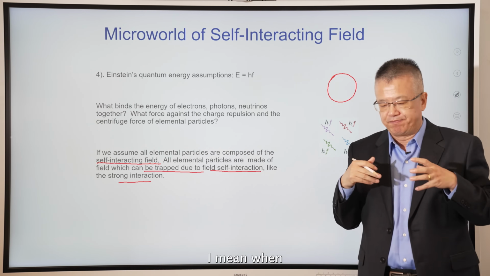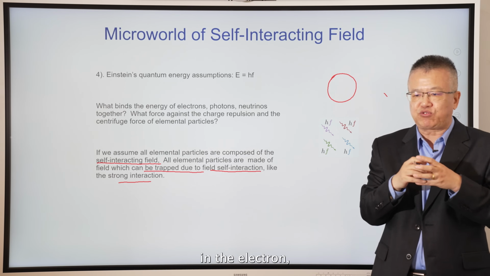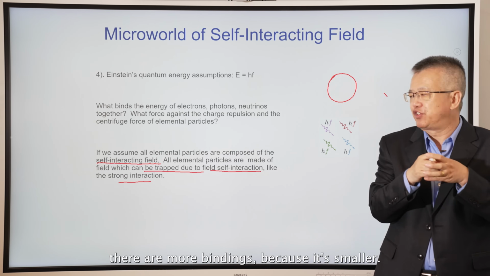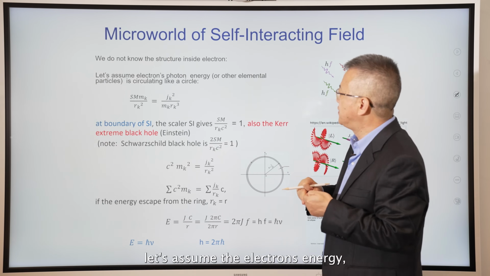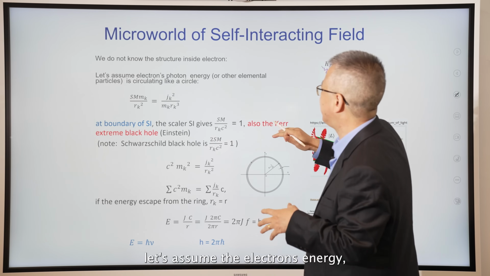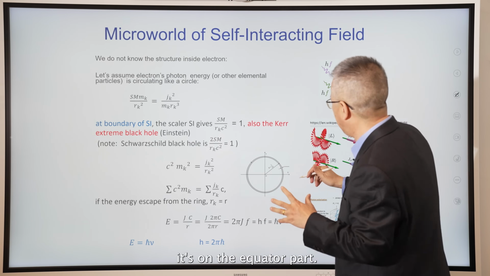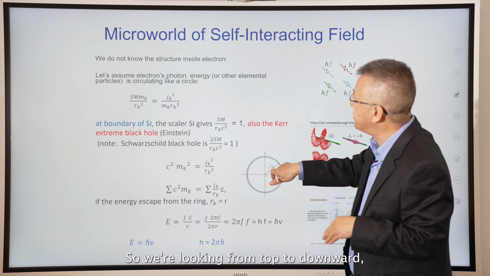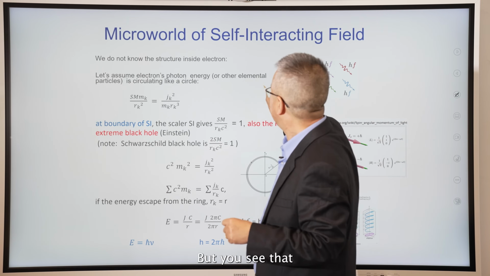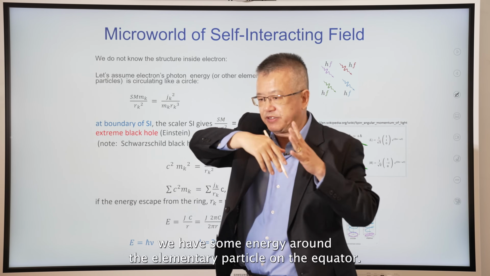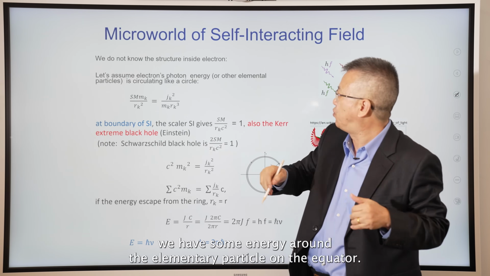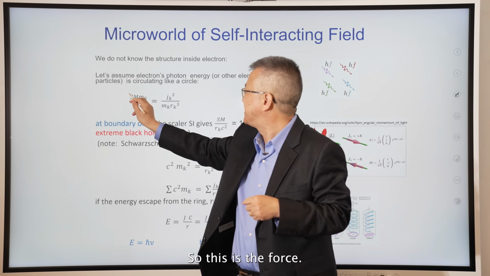In the electron, there is more binding because it's smaller. Let's assume the electron's energy is on the equator part. Looking from top to down, you see that we have some energy around the elementary particle on the equator. So this is a force.